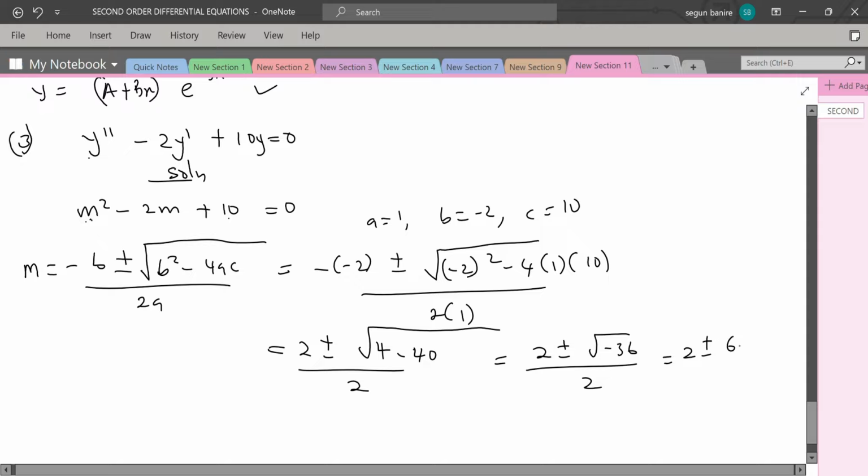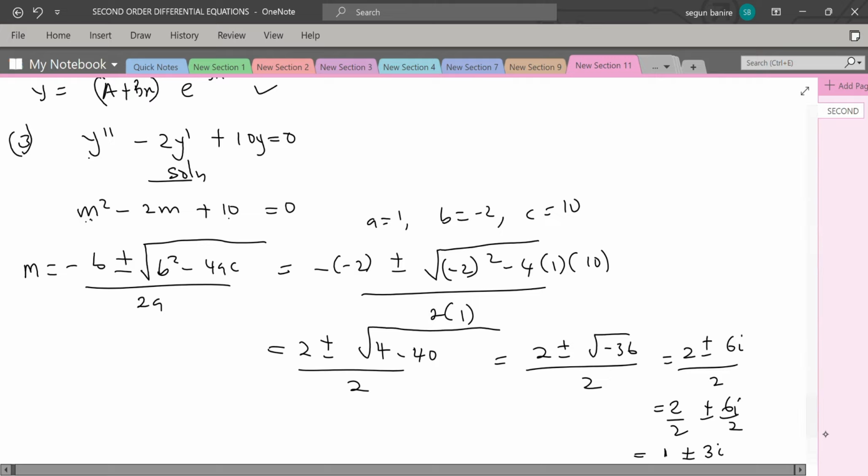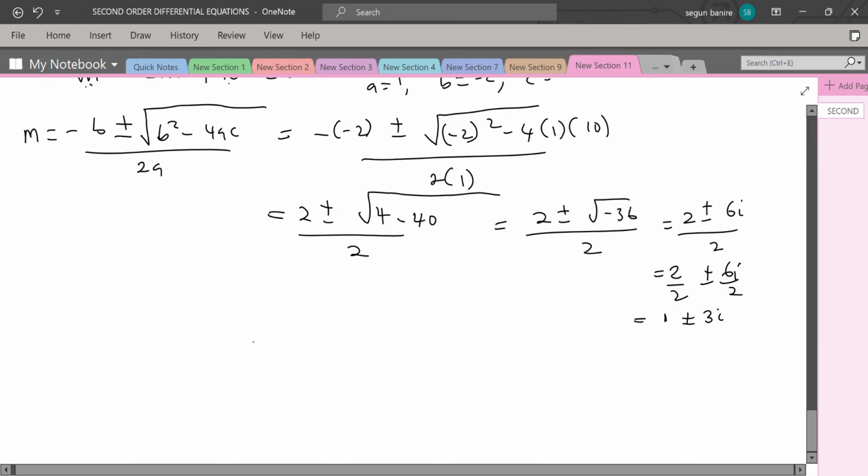So you get 6i divided by 2. Now you need to split the denominators like this. So if you split it, this becomes 1 plus or minus 3i. Now what is your m1? Your m1 is 1 plus 3i, while your m2 is 1 minus 3i. So these are distinct roots.